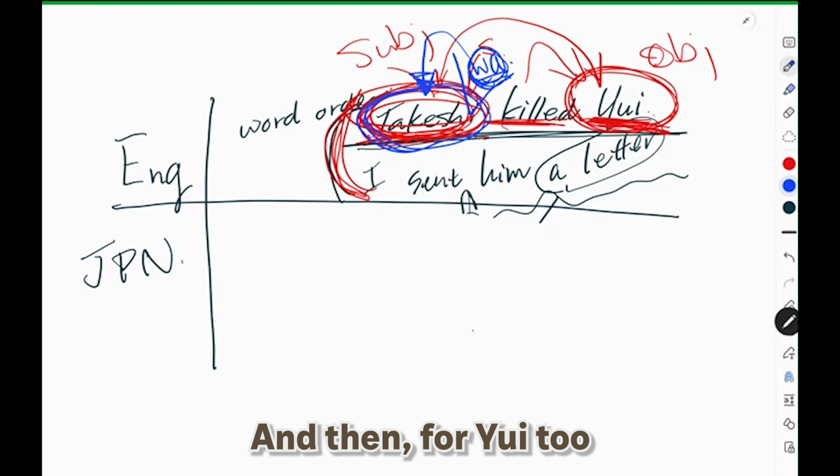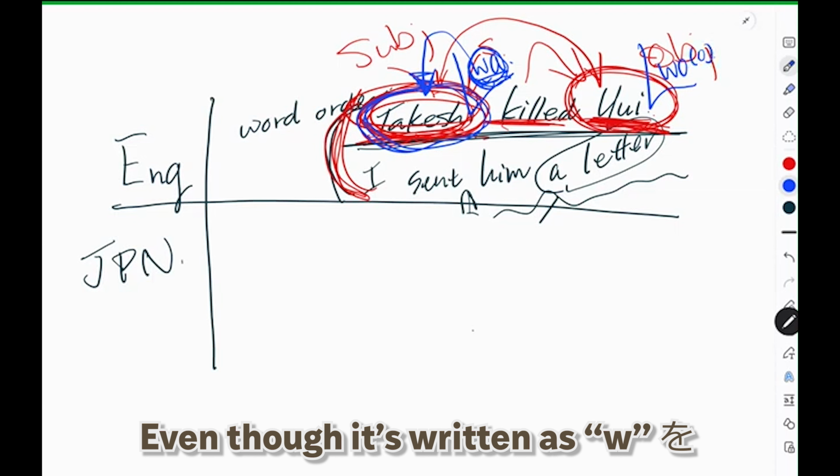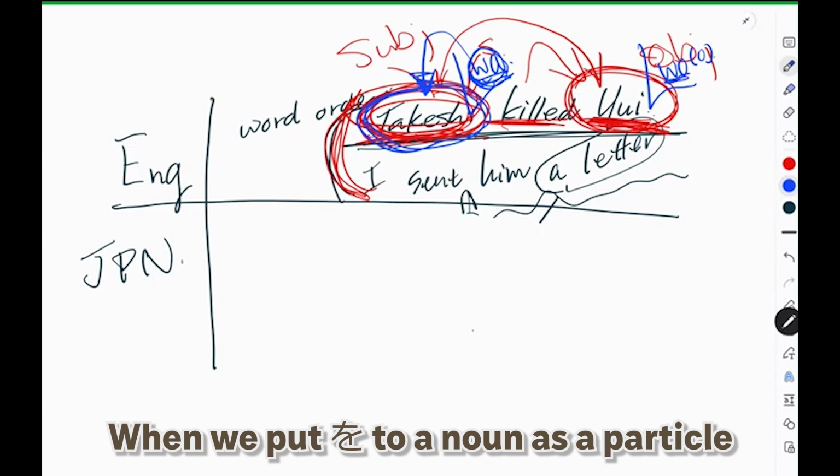And then for Yui, we'll be like, o. We pronounce it as o, even though it's written as wo. When we put o to a noun as a particle, we're basically saying, hey, this one, Yui, is the object of whatever the verb is, right?